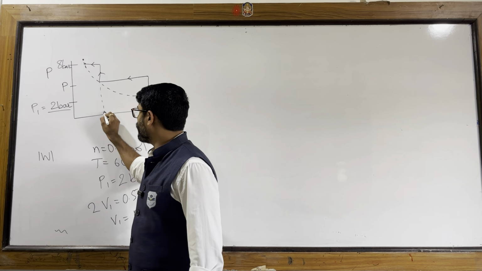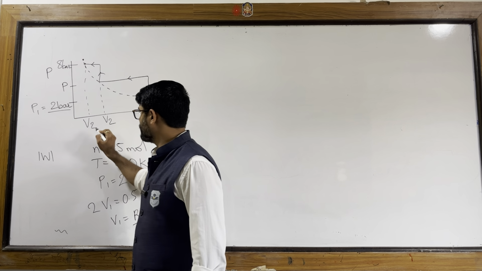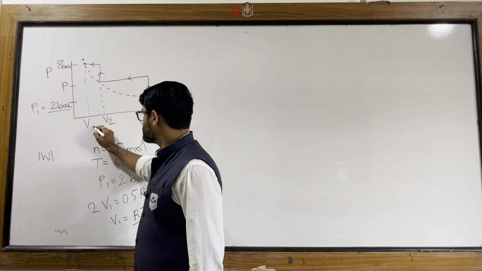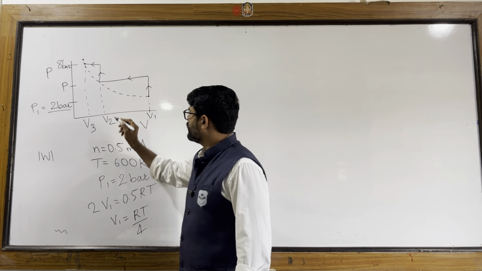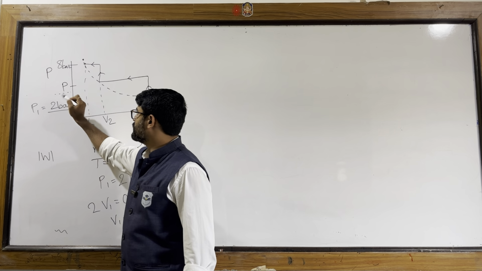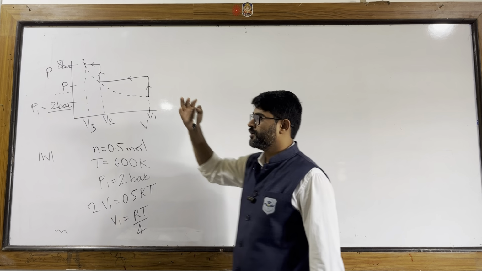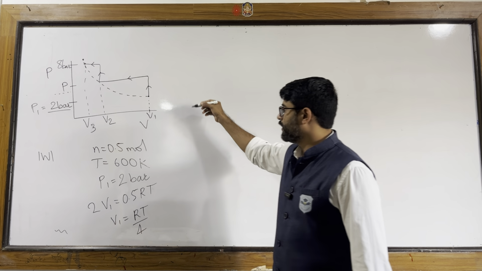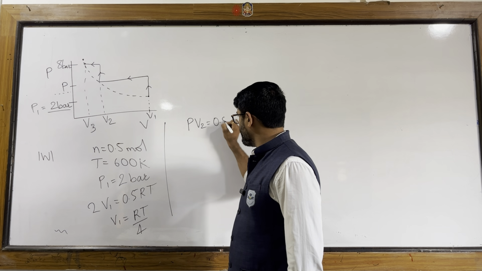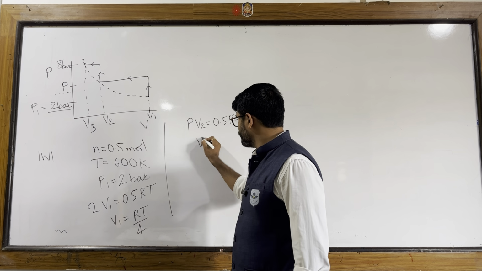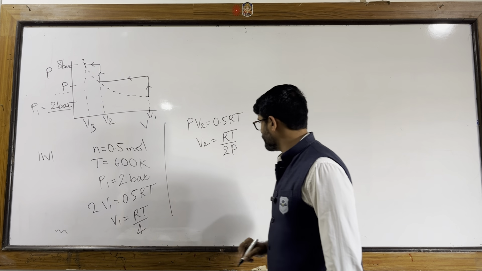Let's say here the volume is V2 and finally the volume is V3. Using PV equal to nRT, the only unknown is the pressure where the first compression is taking place, so we have to find P. We have P V2 equal to nRT, so V2 is RT by 2P.